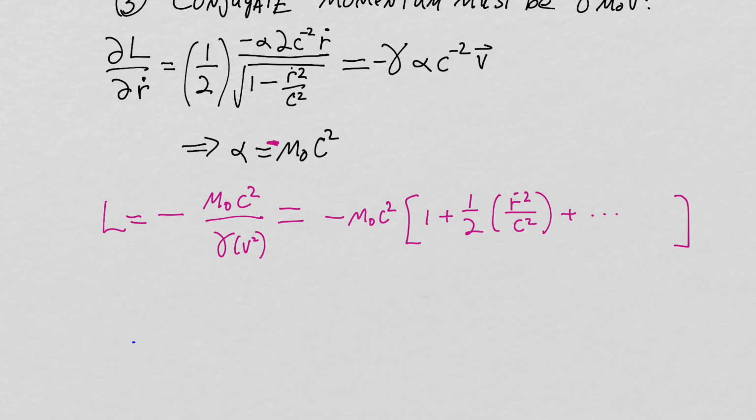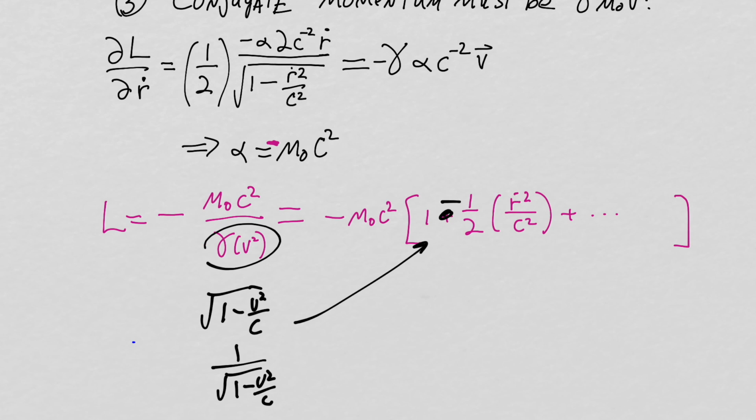Wait a minute, I'm feeling like the sign here is wrong, because I want the positive part to be the classical result. Yeah, I screwed this up, right? Gamma's in the denominator, so this is the square root of 1 minus v squared over c squared. The Taylor series of that has a minus sign here. I did the Taylor series of 1 over 1 minus v squared over c squared, which would be gamma up here. So I screwed that up.